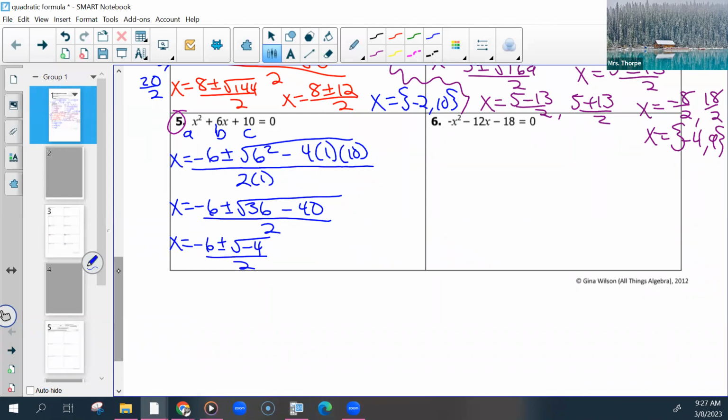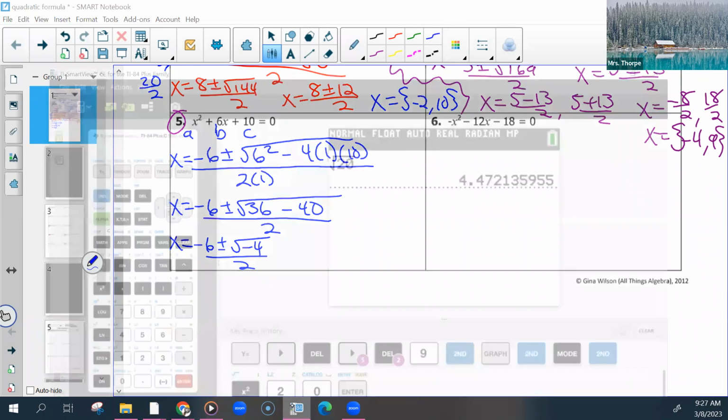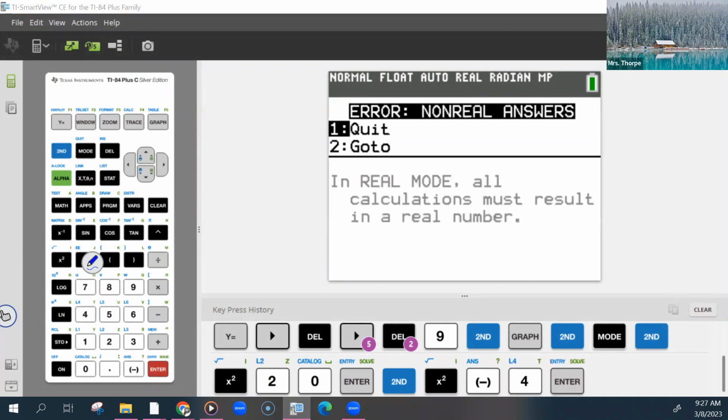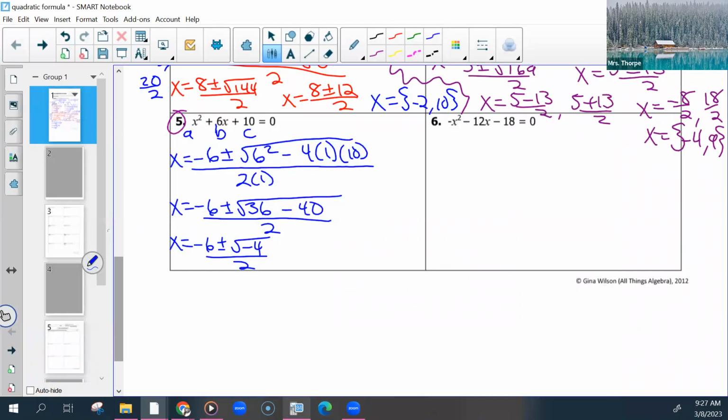Do we remember what happens when we have a negative in the square root? You can't hit the square root. We'll get an error. So it's no solution.